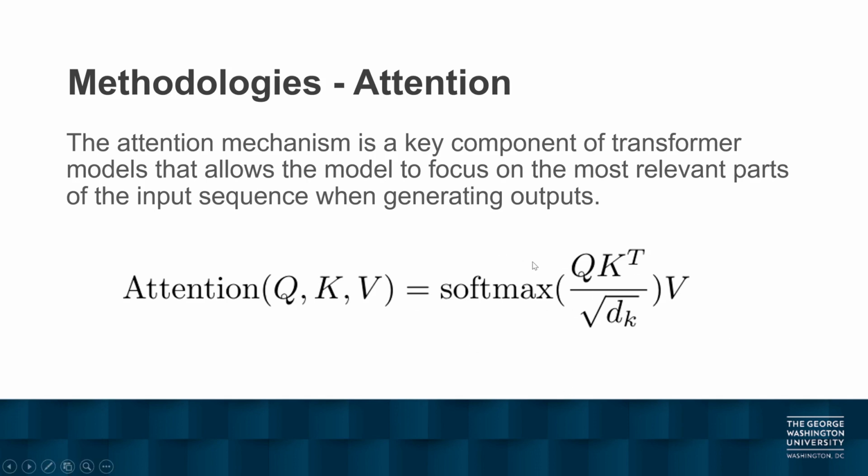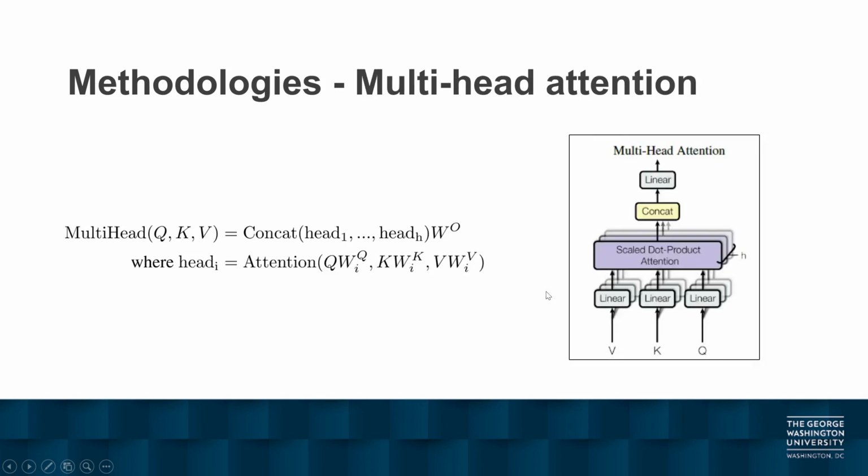By this formula, we can get the relationship between each token, and it all comes out as a matrix. And for computational reasons, it becomes multi-head attention.